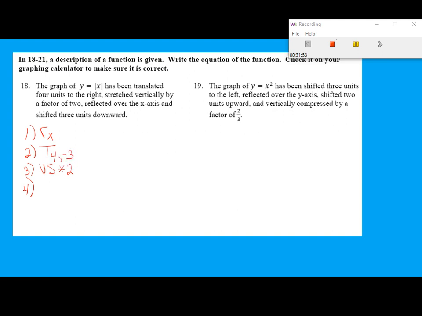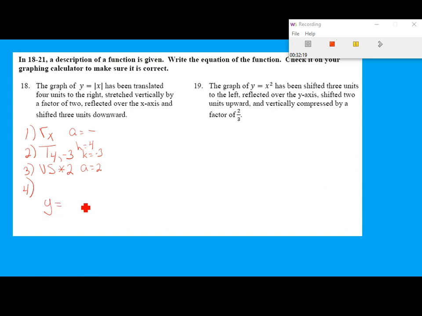Well, some things that I know now. If it's reflected over the x-axis, my a value must be negative. My h value must be 4. My k value must be -3. And my number out front must be a 2. So my equation is going to look like this.